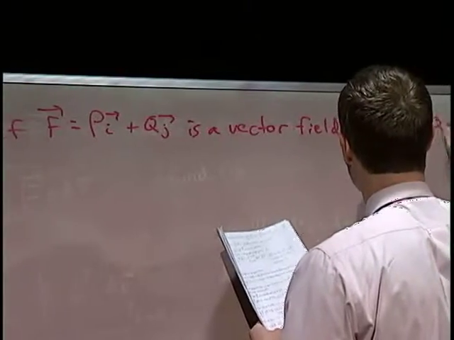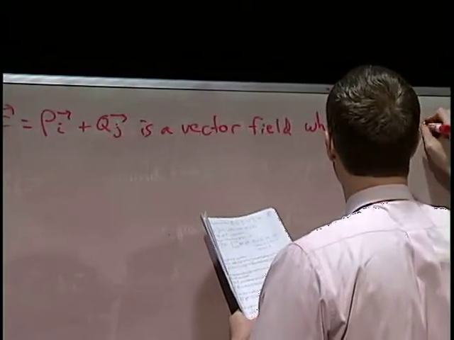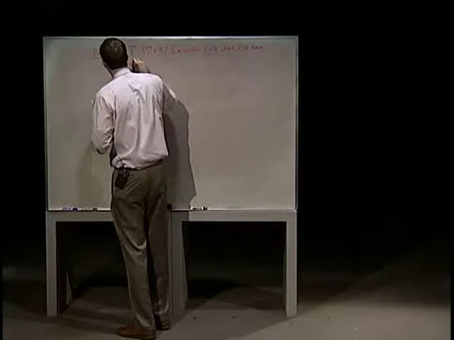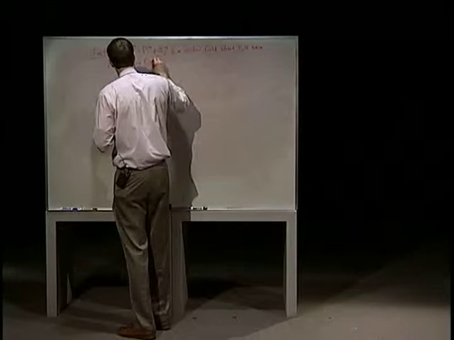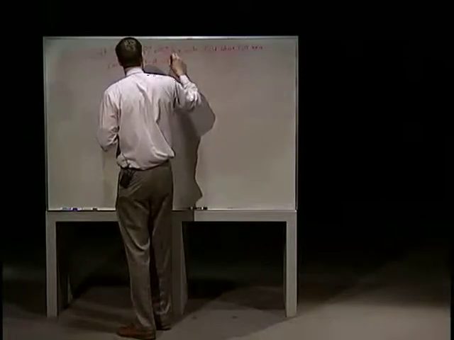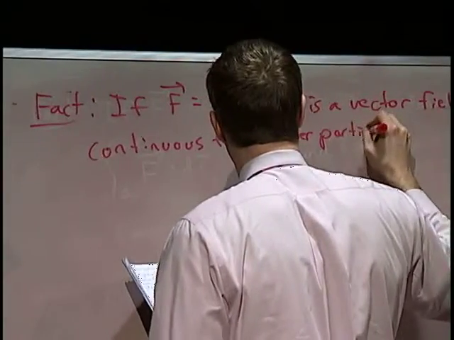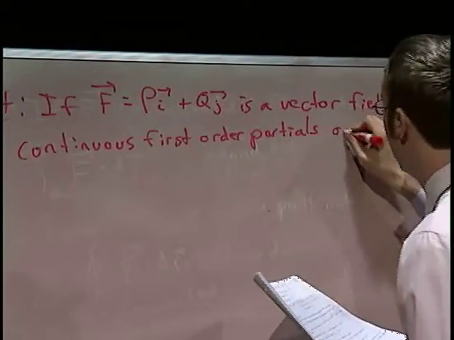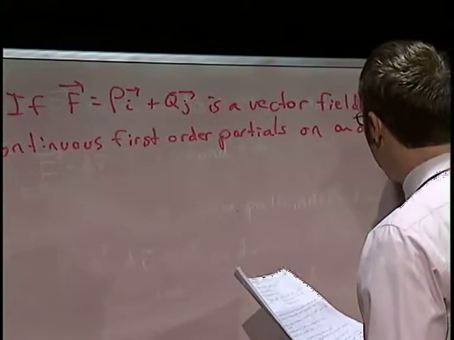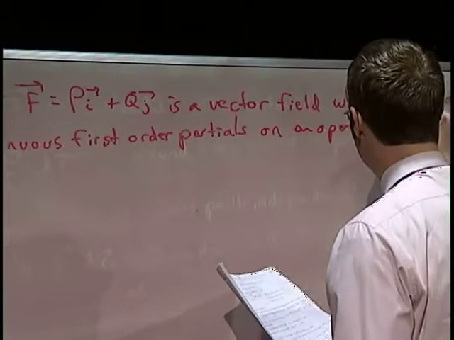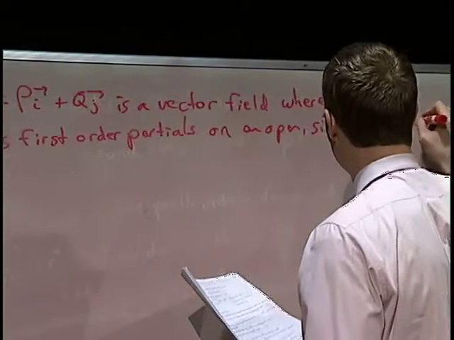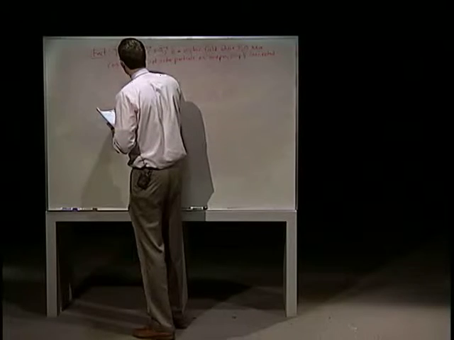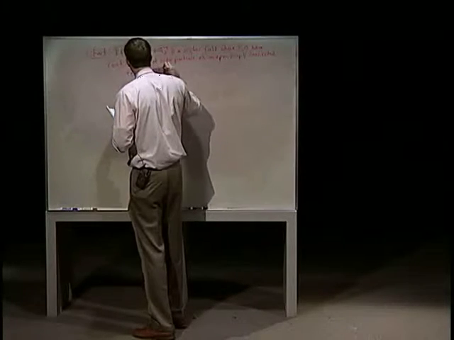P and Q have to have continuous first order partials, and we'll see why in a minute. This time I'm going to use an even stronger condition. I'm going to call it a simply connected region D in the plane.